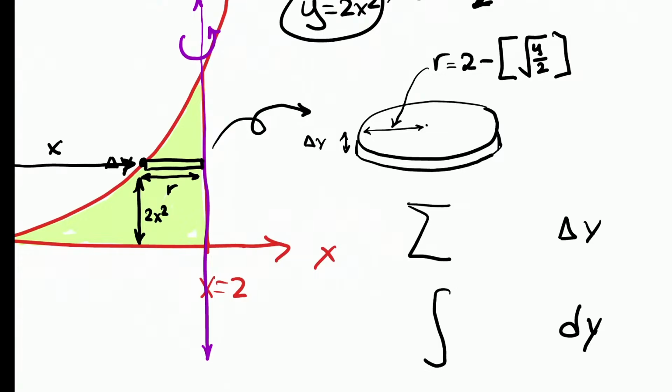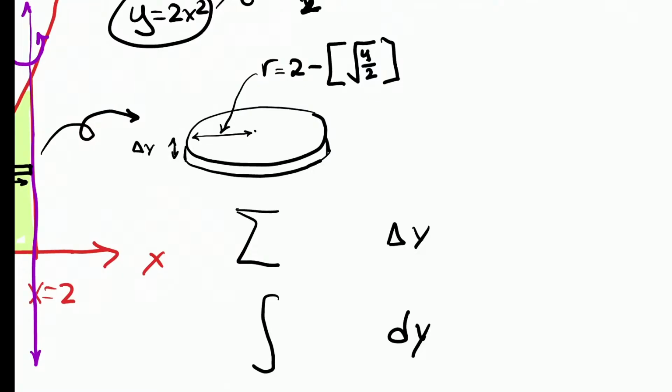So this is why when Carson said 2x squared, that might be what you thought too. You were so close. You're right. We need that function, but we need to write it in terms of y, not in terms of x. So just shift the focus a little bit and you'll get the right answer. Anyway, let's actually figure out what this volume is.